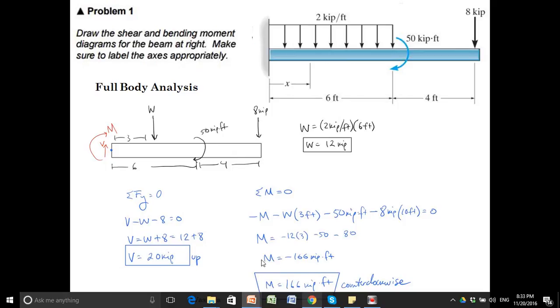So once I do that, I end up with M equals negative 166 kip-feet. Because it's negative, it means that the way that I drew it is not right. So actually, in reality, my moment is going to be 166 counterclockwise. So remember, if you get a negative, it means that the way that you drew it is not correct.